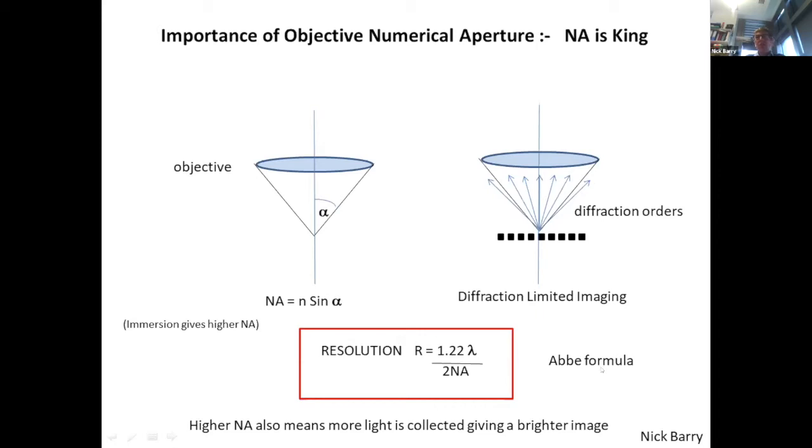And Abbe's formula in the end, which he came up with, was the resolution of the microscope is basically 1.22 times the wavelength you're working with divided by 2NA. So this really cements the idea that the collection aperture of the lens is really important for resolution. Incidentally, obviously a higher NA gives you more light collection, so a brighter image.